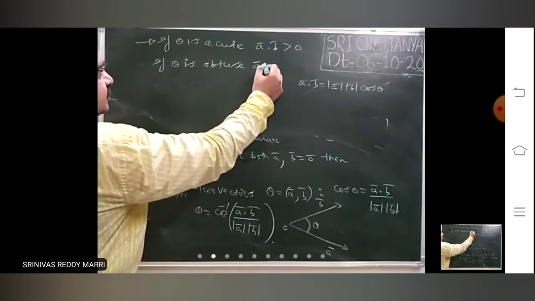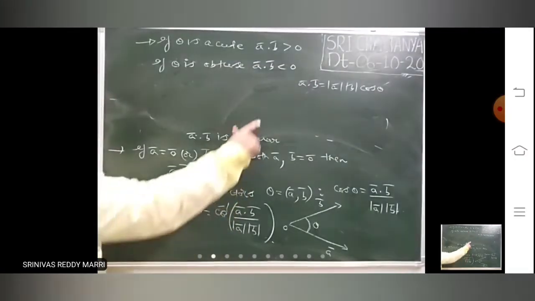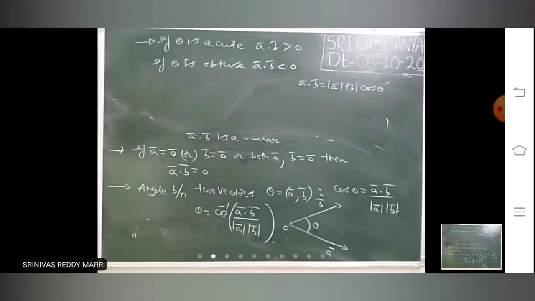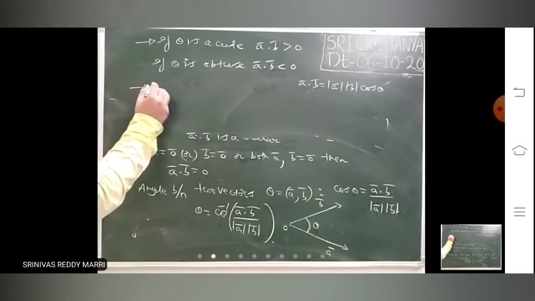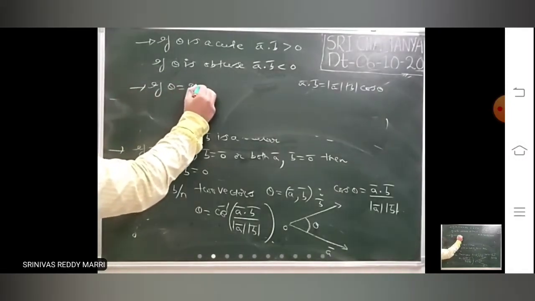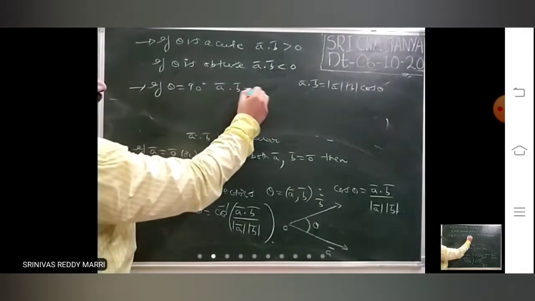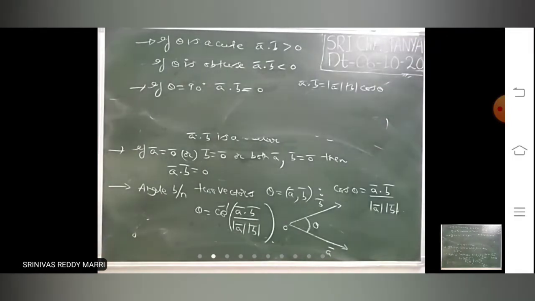If theta is obtuse, meaning 90 to 180, it is in the second quadrant, so cos theta will be negative. Suppose theta equals 90 degrees, then A bar dot B bar equals 0, since cos 90 becomes 0.